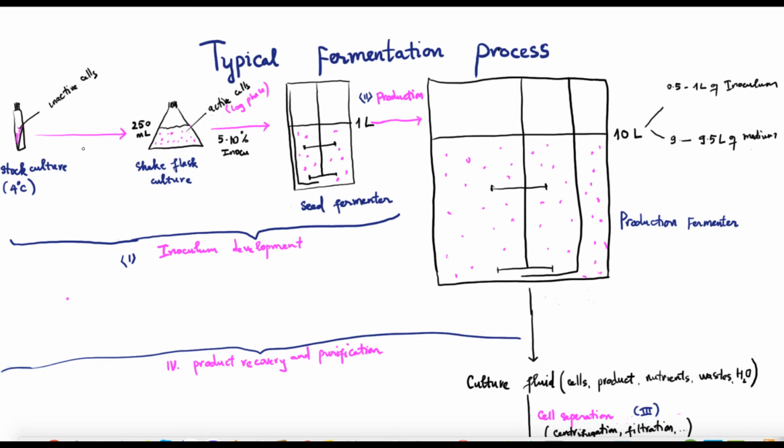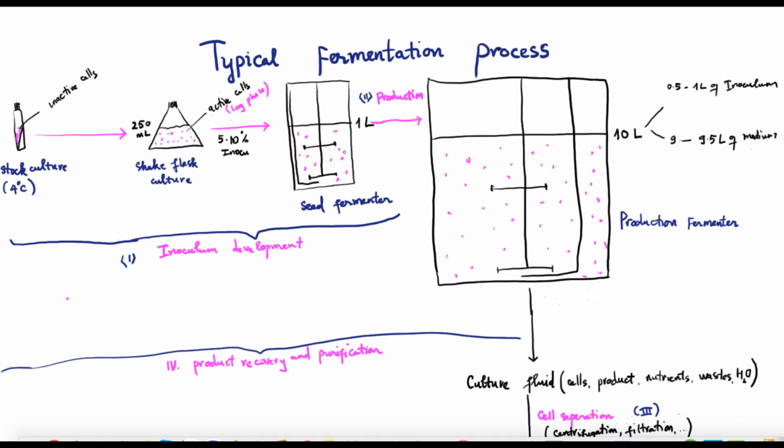Instead of transferring a loopful of cells from this stock culture into 1 liter of culture medium, you may transfer them into a 250 ml culture, then gradually increase it up to 1 liter to get the desired volume of the inoculum.